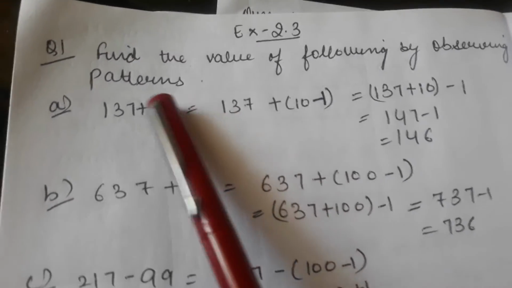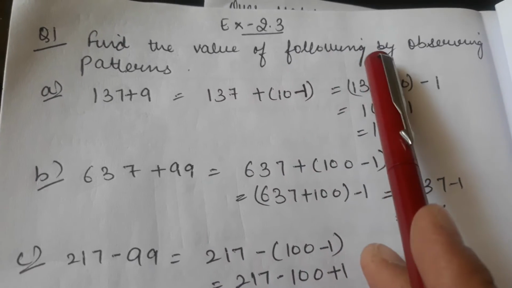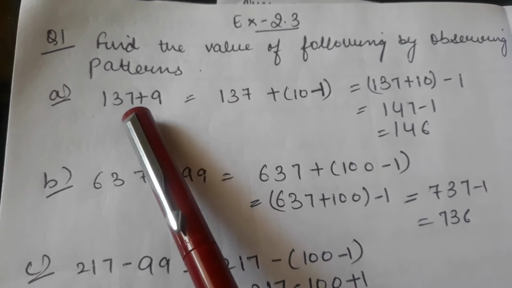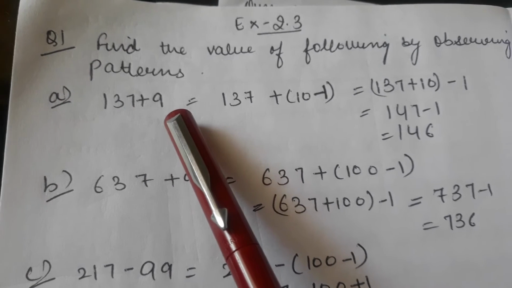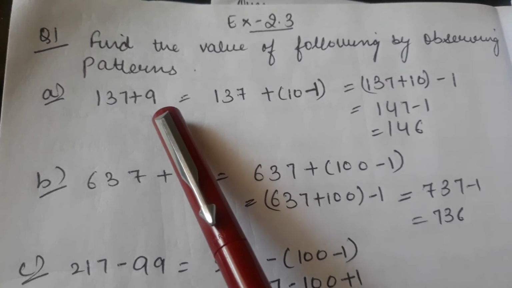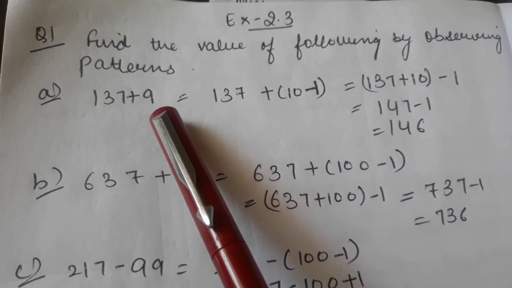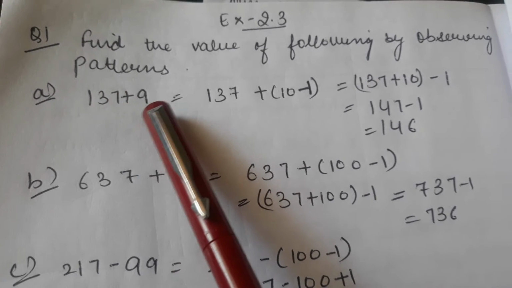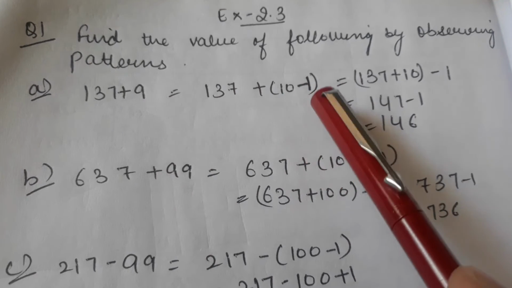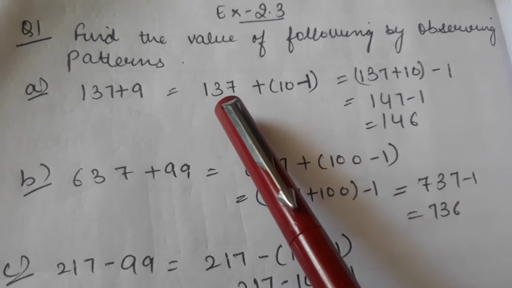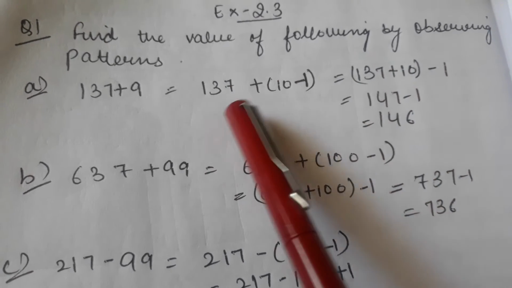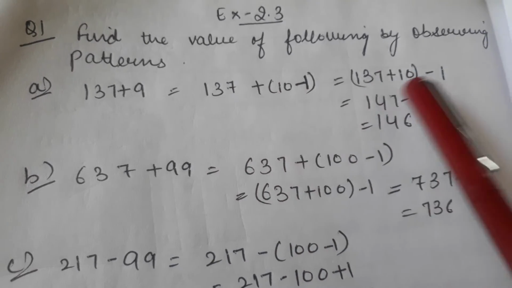Now, next is exercise 2.3. The first question of this exercise is find the value of the following by observing patterns. A part 137 plus 9. Now, what we will do, we will try to make the number simpler so that our calculations can become easy. Now, 9 can be split up like 10 minus 1. So I can write it like this: 137 plus 10 minus 1.